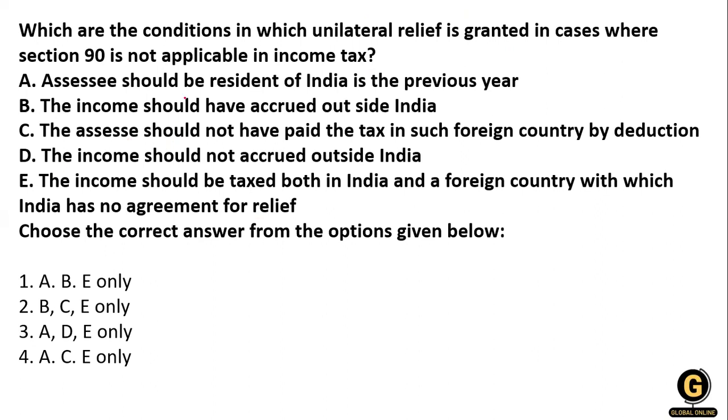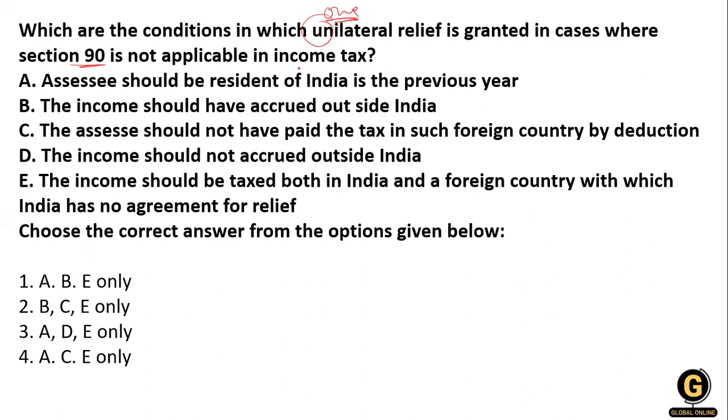Next question, which is on your screen: in which conditions is unilateral relief granted, in cases where section 90 is not applicable in the Income Tax Act. Unilateral means one-sided.